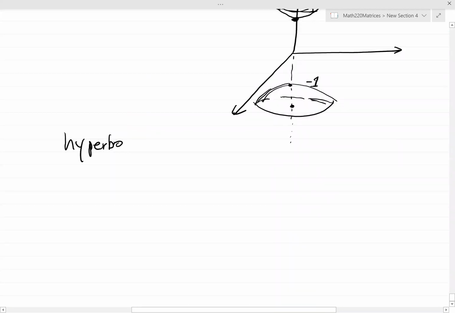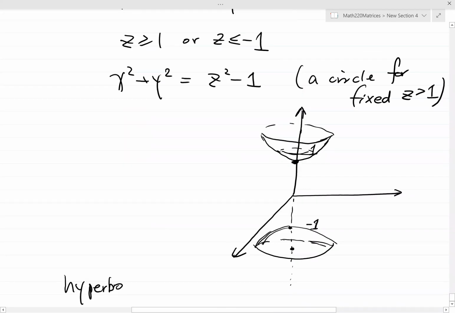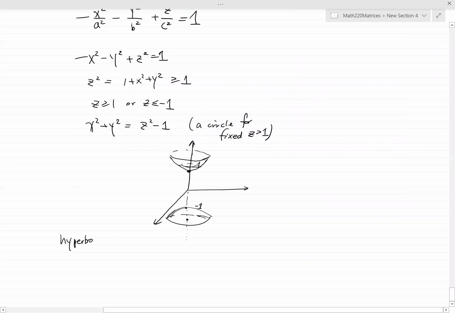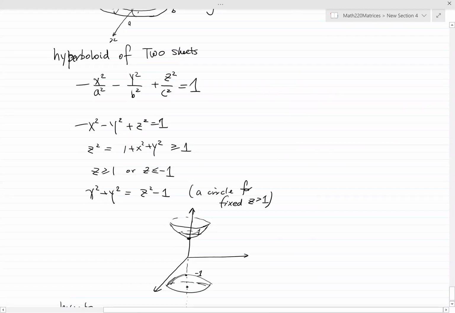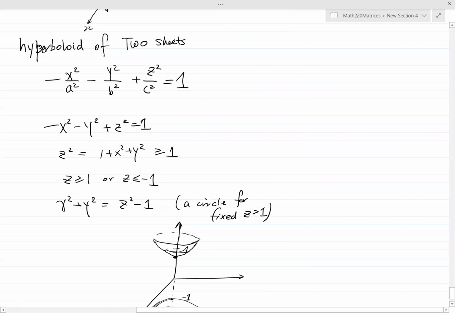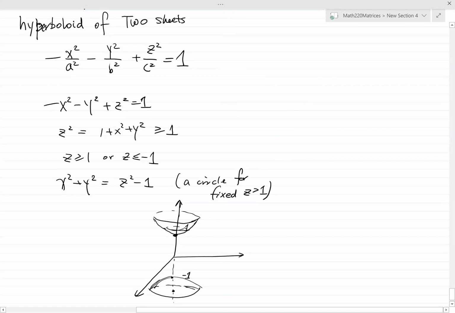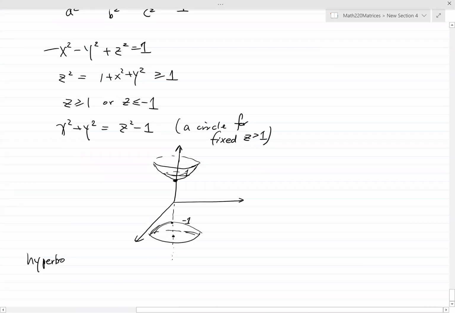For instance, what happens if you cut at a fixed x? Suppose you have any x, then for fixed x this will look like a hyperbola. If you let x be 0, that is on the yz plane, the equation is negative y squared plus z squared is 1.